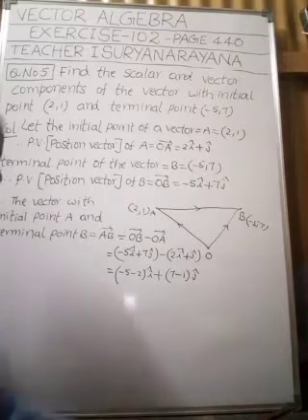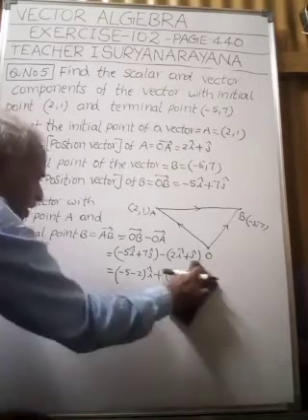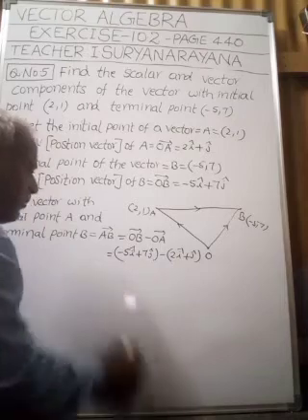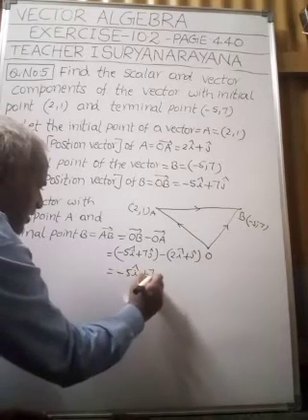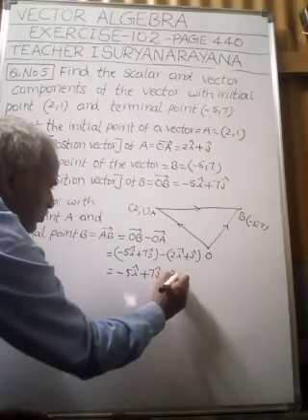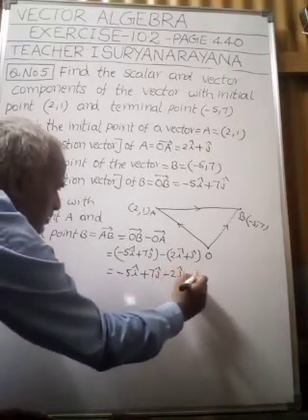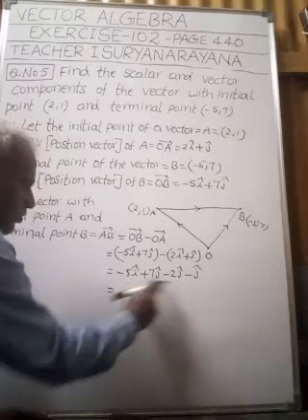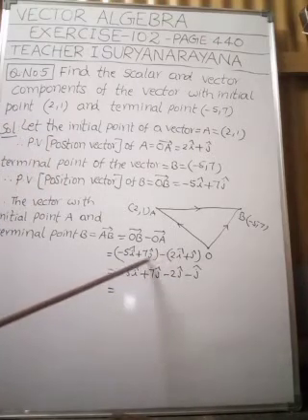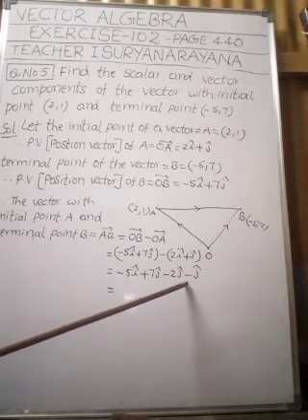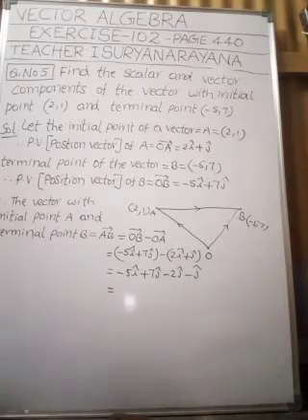Right. Otherwise, let us write one more additional step. Let us remove the brackets. What will we get? Minus 5i cap plus 7j cap minus 2i cap minus j cap. Okay, my children. Here I removed the small brackets. Then we got this step. Understood this step? Right.